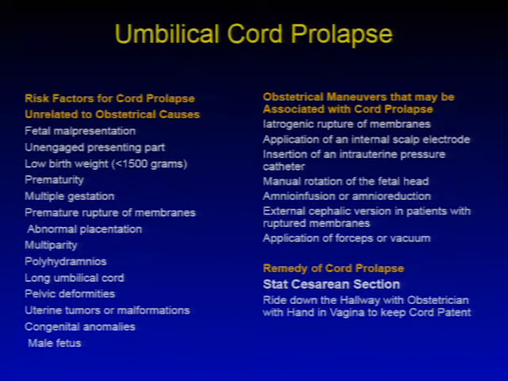There are many risk factors for cord prolapse unrelated to obstetrical maneuvers, but then there are also cord prolapse tendencies that are associated with obstetrical maneuvers, and these may occur immediately after iatrogenic rupture of membranes, the application of an internal scalp electrode, insertion of an IUPC or manual rotation of the fetal head, or during external cephalic version techniques or application of forceps.